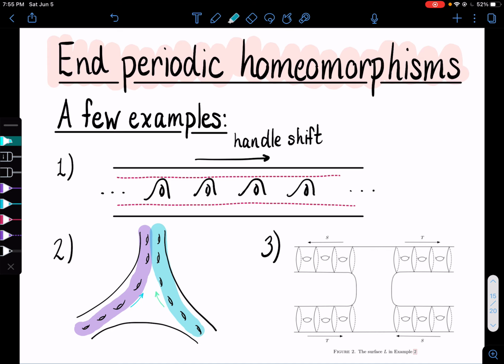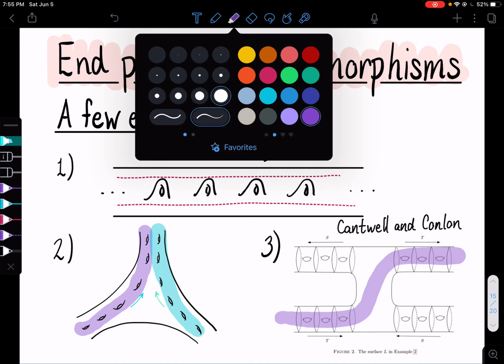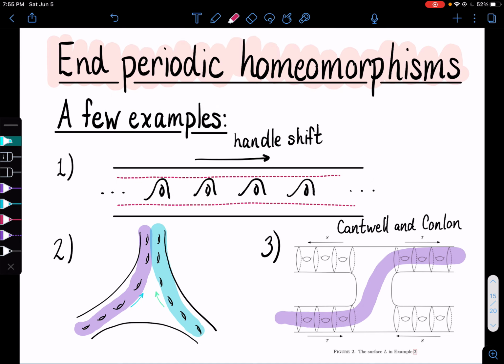And then finally, I have as this final example, this example which is coming from a paper, I'll just go ahead and write their names here, of Cantwell and Conlin. Okay, so this gives me this shifting behavior happening here, and then shifting out and happening here. Okay, so these are all examples of n-periodic homeomorphisms.